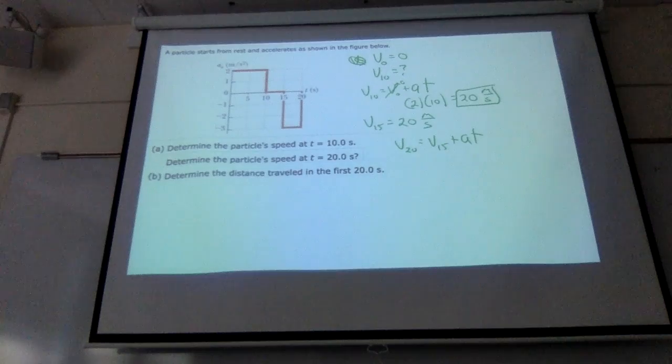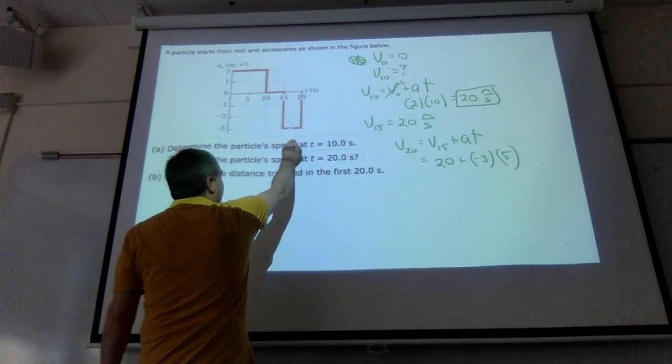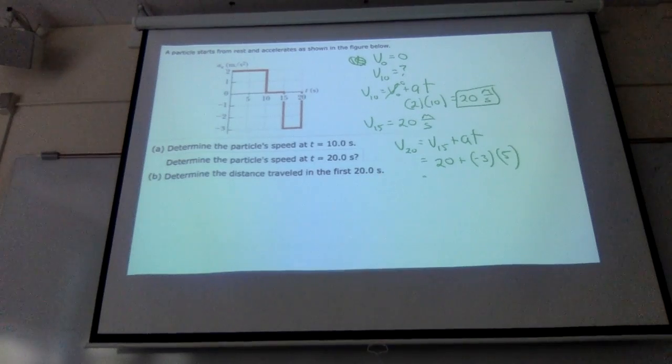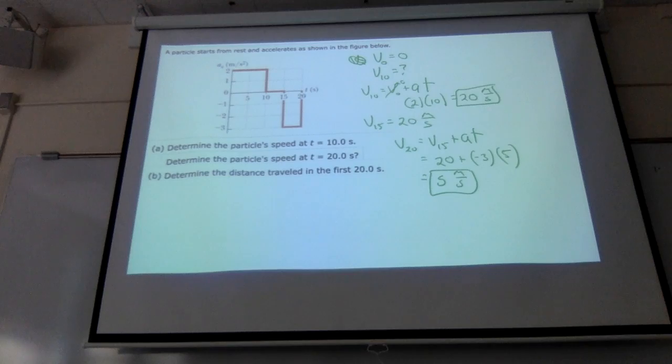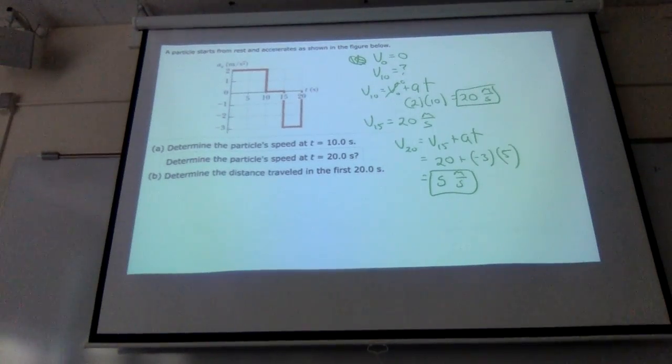So I'm going to use a new interval there, where V20 is the final velocity. And we could say that this was 20 plus -3 times 5 seconds. -3 is the acceleration here, and that lasts for 5 seconds. So 20 minus 15 leaves me with 5 meters per second. Okay? So I go from 0 up to 20 meters per second, stay there a little bit, and then decelerate back down to 5. Right?